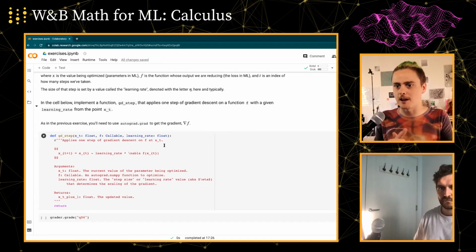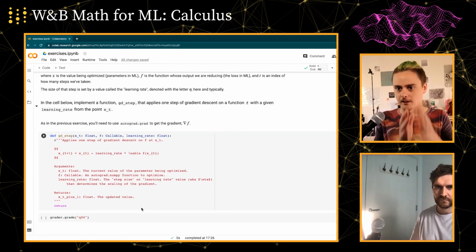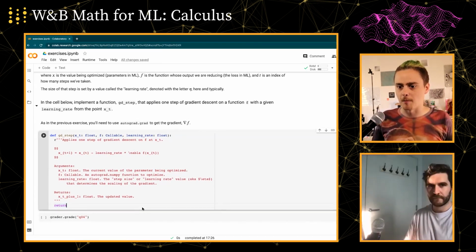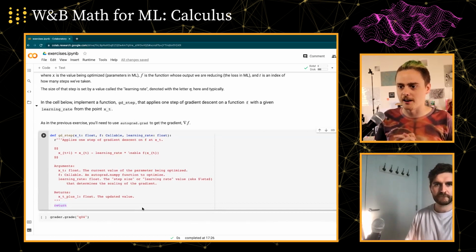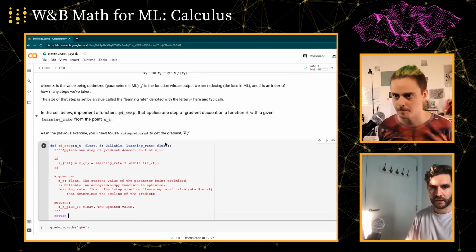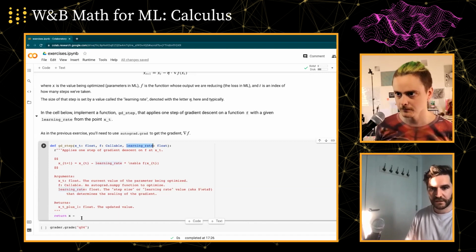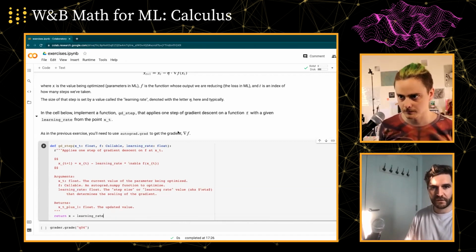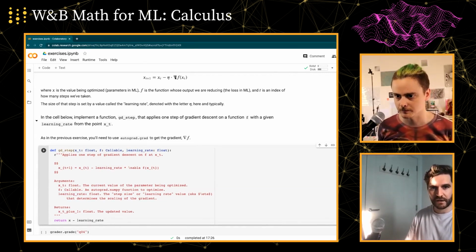And we're just going to implement, last thing here, Scott, this gradient descent step that applies one step of gradient descent on f at x. You get an x, an f, and a learning rate, and I want the updated value for x. Okay, I'm given an x. So I want to do my x minus my learning rate, which is passed in as learning rate. And then I want to dot product that with my gradient of my function applied at this input x.